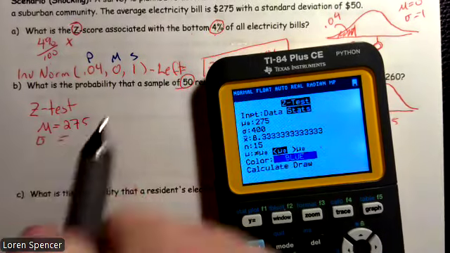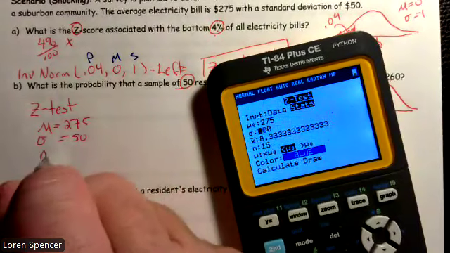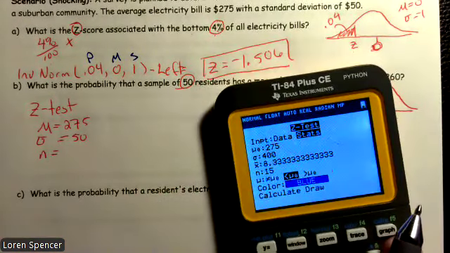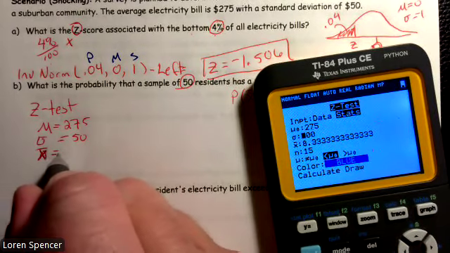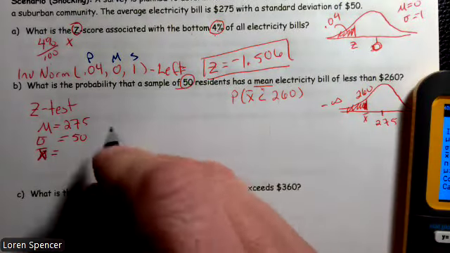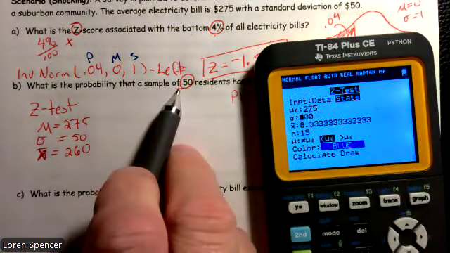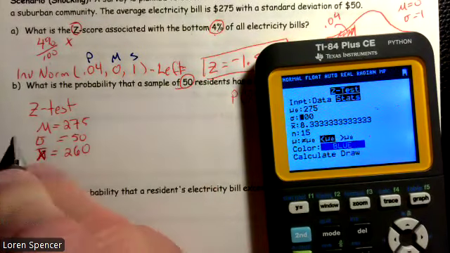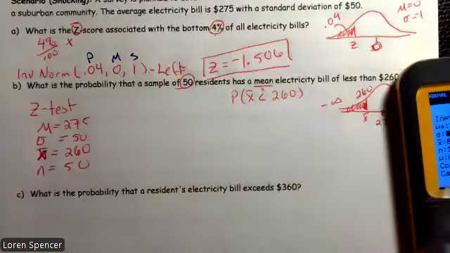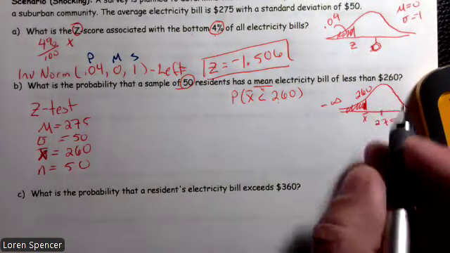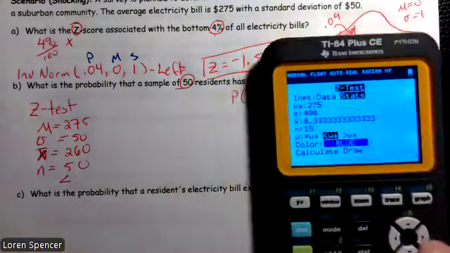Well, they told us the standard deviation of the population was 50. And we have a sample size. Then it asked for x bar. And it told us our x bar was 260. We have a sample size of 50. And we want it to be less than, and we shade it to the left. So this will be our symbol.